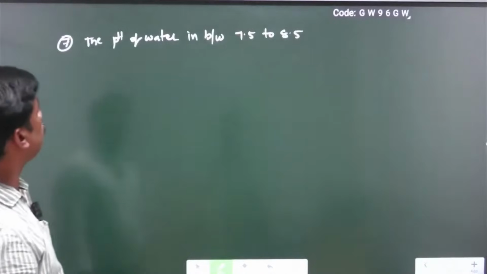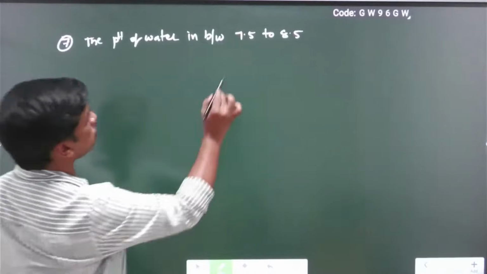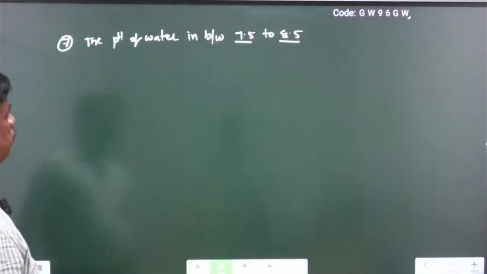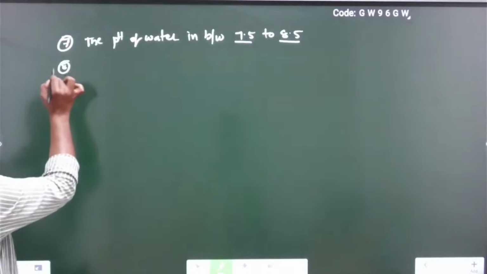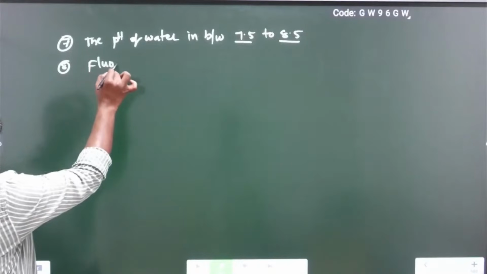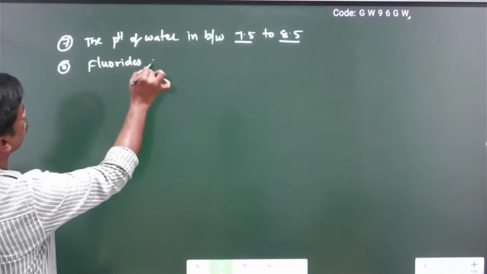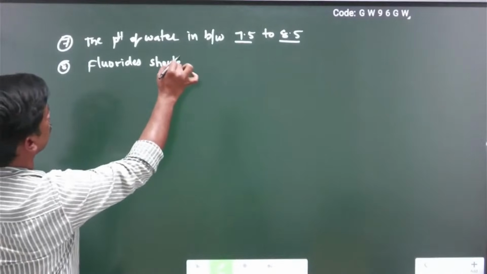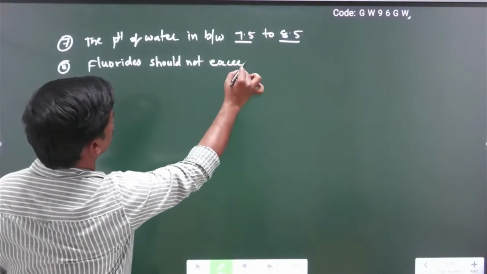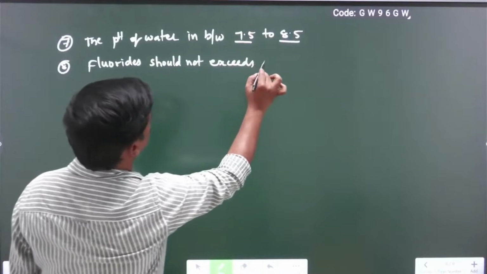And also the eighth point, fluorides should not exceed 2 ppm.